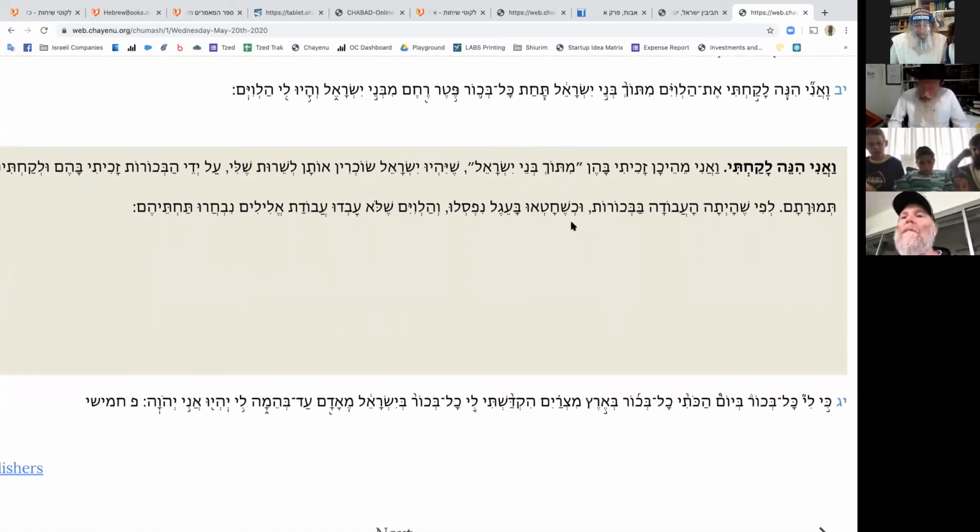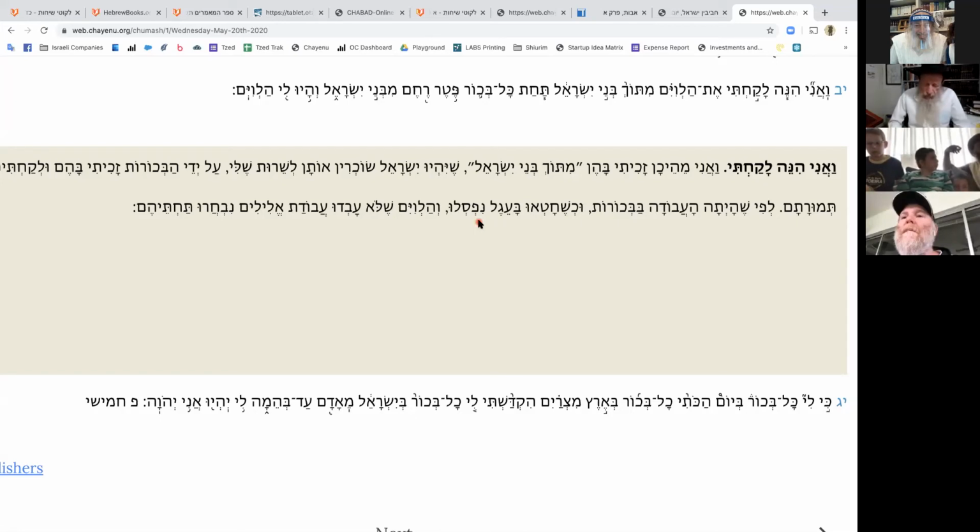But when they sinned with the Egel, that was before the tabernacle was built. When did the Jewish people sin with the golden calf? 50 days after they left Egypt, they received the Torah. 40 days after that, they served the Egel. So it was about 3 months after they left Egypt that they worshipped the golden calf.